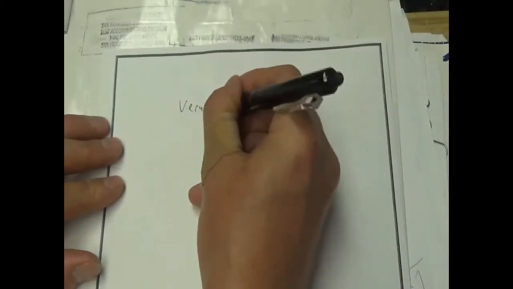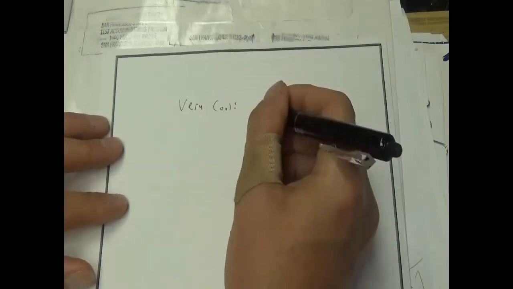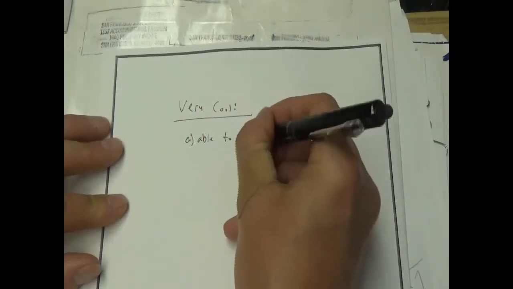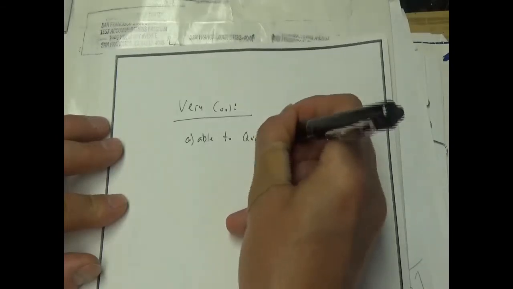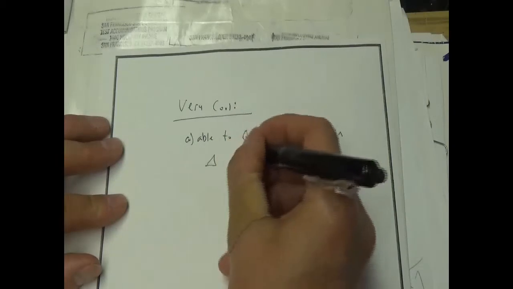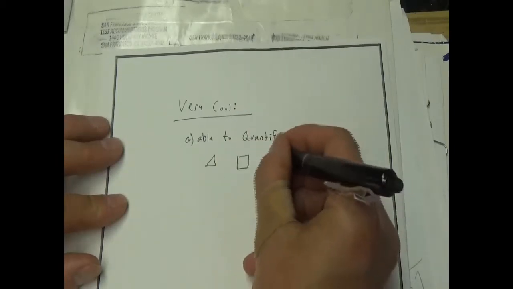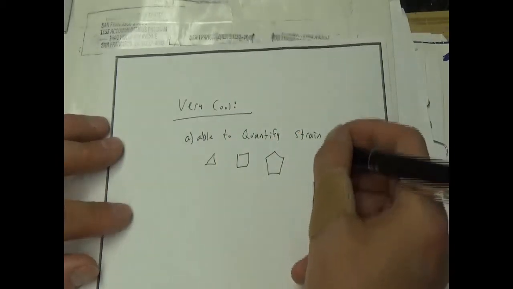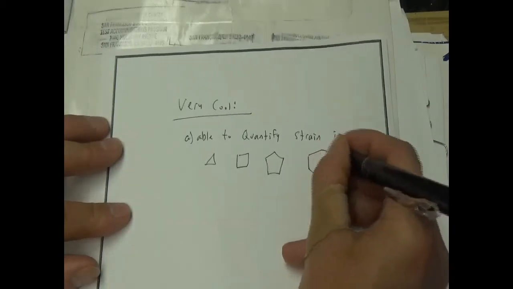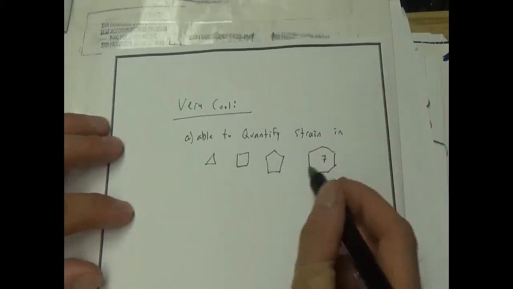Okay, so what that showed us, very cool, is we're able to quantify the strain in a couple molecules. We looked at cyclopropane, cyclobutane, cyclopentane. The other weird one is cycloheptane, which is 7. That also has strain.